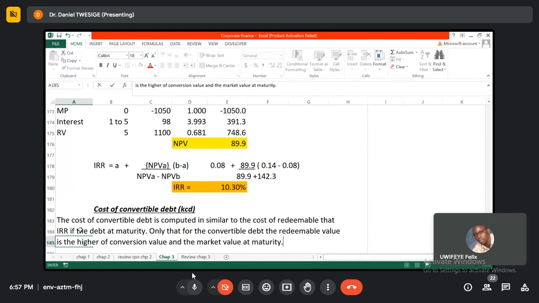He can convert the debt or may not convert, depending on the conversion value. If the conversion value is below the market value, someone is not going to convert. Is it only for the convertible or only for the redeemable? No, for convertible, that's when you compare the conversion and the market value.